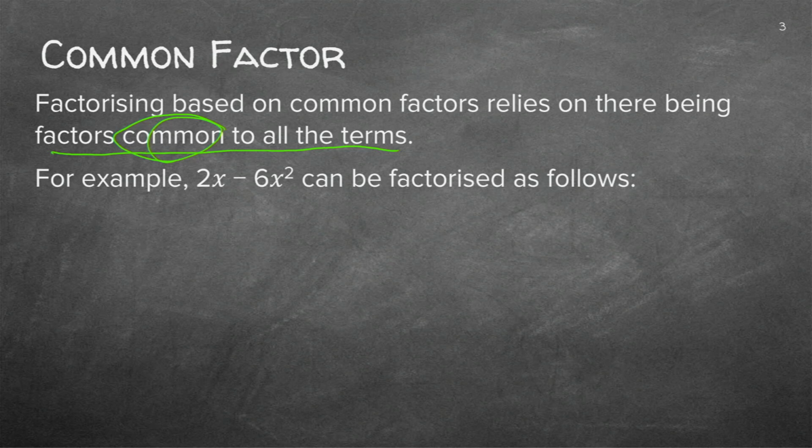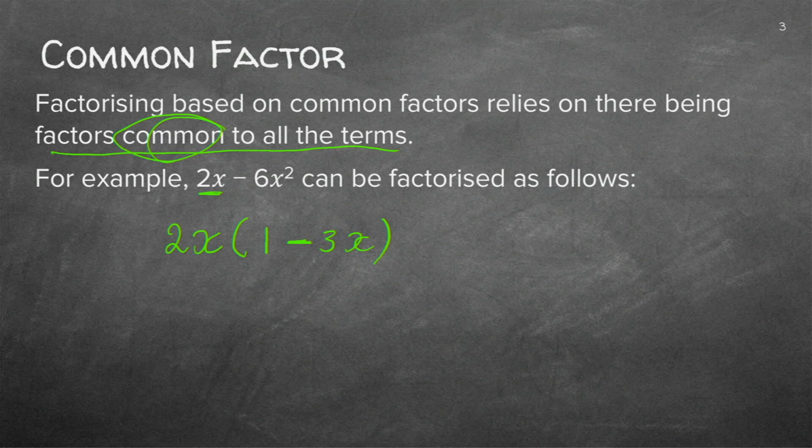For example, if I have 2x minus 6x squared, I would expect it to be written in the form of 2x, you open the bracket and have 1 minus 3x.